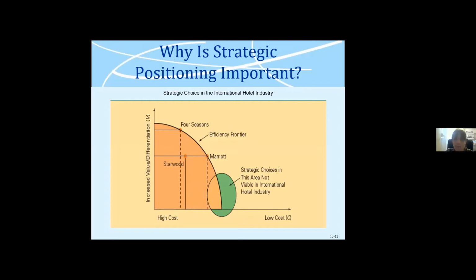The efficiency frontier shows all the different positions that a firm can adopt with regard to adding value to the product and low cost, assuming that its internal operations are configured efficiently in order to support a particular position.